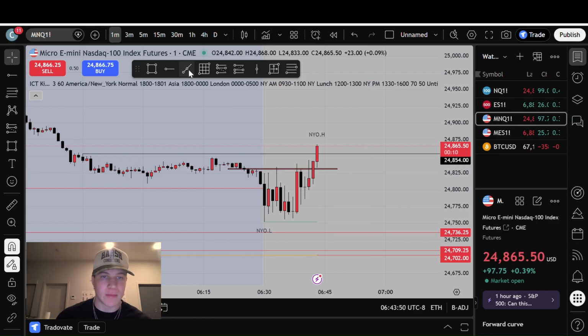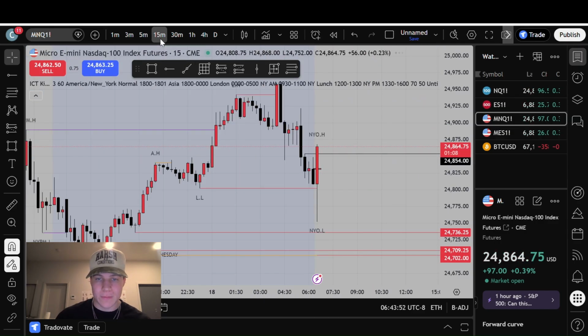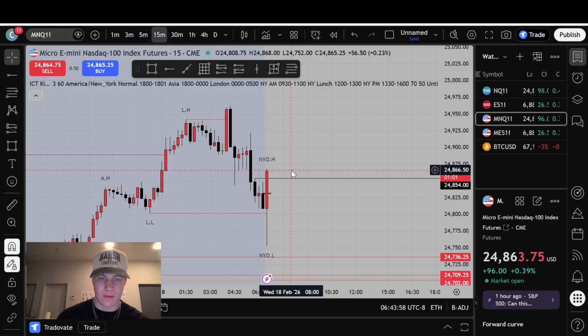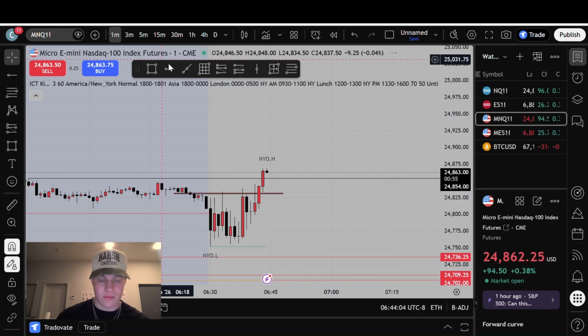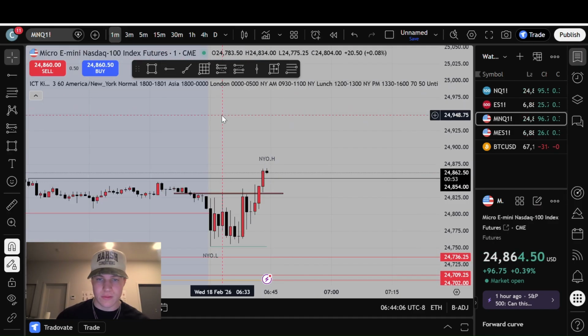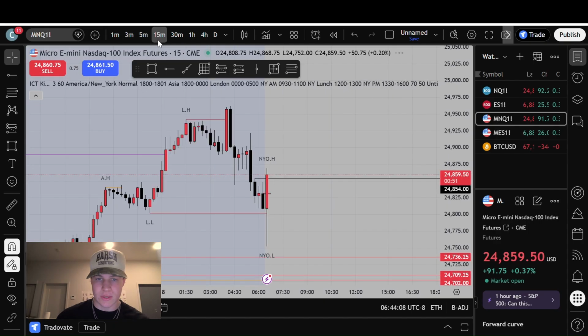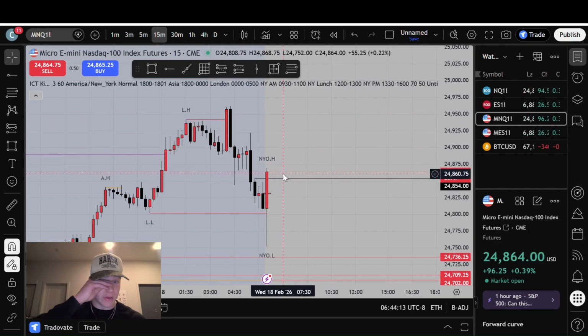Or the 15-minute gap, sorry. Now, if this 15-minute gap inverses, I might go long up to these highs. This gap closes in 1 minute, so we'll see what happens here.